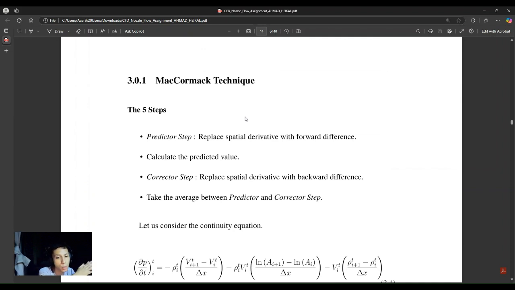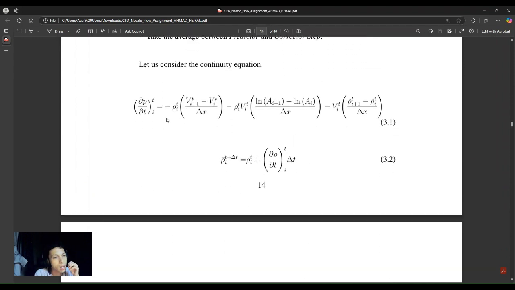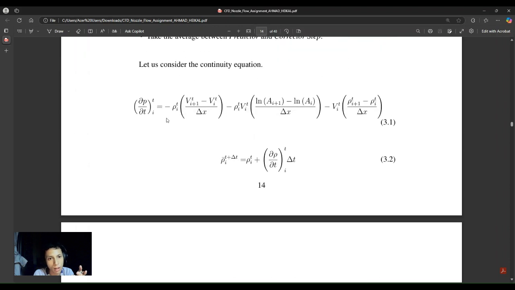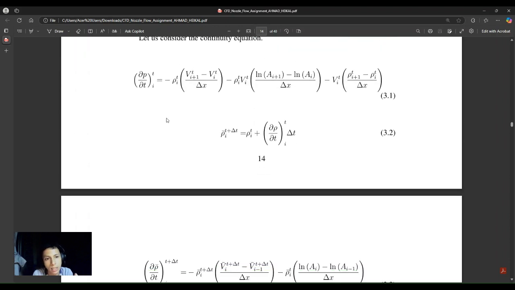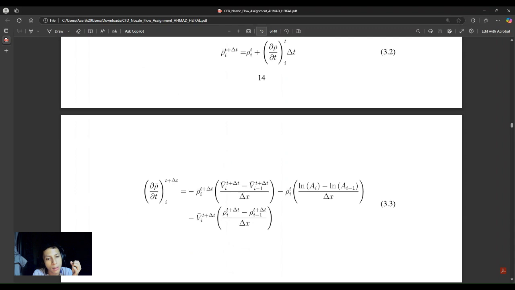We take the average between the predicted and corrected steps, and finally we have our approximate value obtained from the MacCormack method. So this is, as I said before, the predictor step for the continuity equation, then the predicted step, and the corrected values.